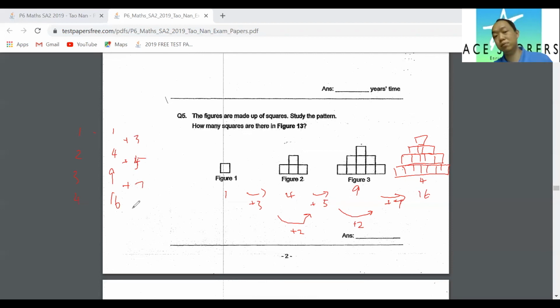So the next one will be plus 9. Yeah, but it's troublesome. Let's try. So 16 plus 9 is figure 5.